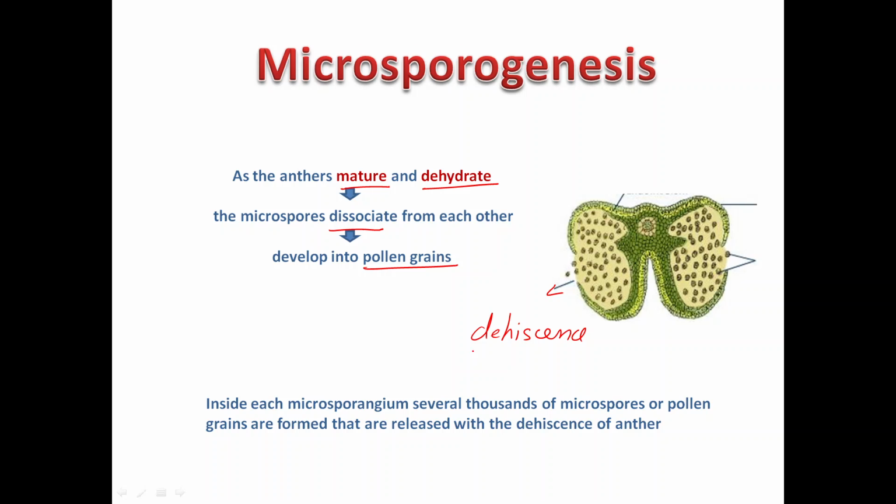So we started by saying that there are 4 thecae, and theca is also called microsporangium, and the microsporangium has 4 walls, and inside the tissue is called sporogenous tissue, and inside the sporogenous tissue there are pollen mother cells. Pollen mother cells undergo meiosis to give microspore tetrad.